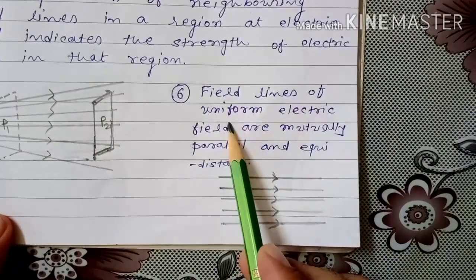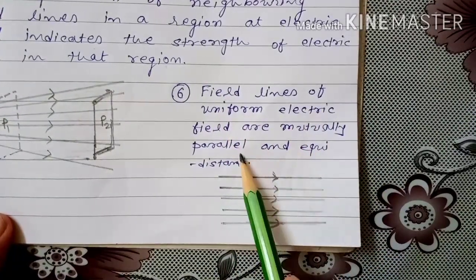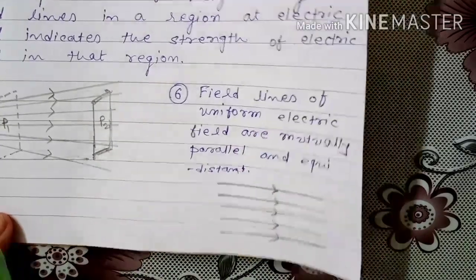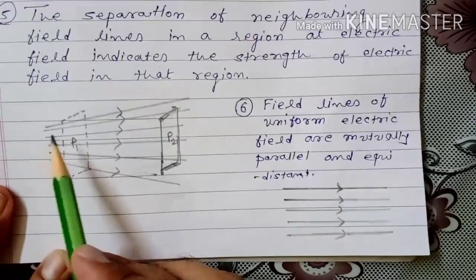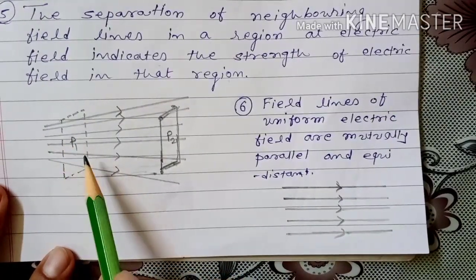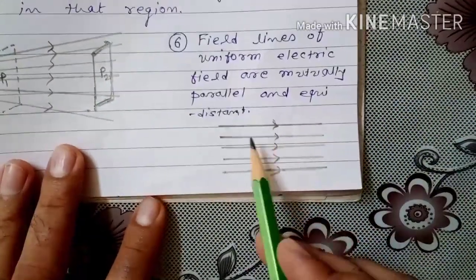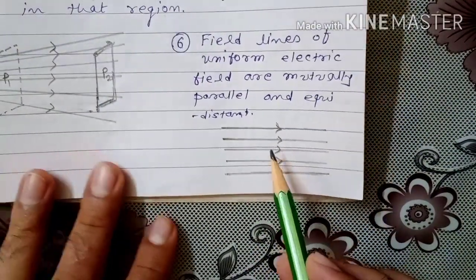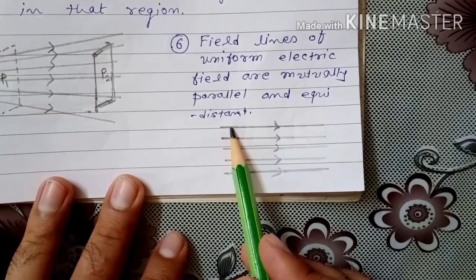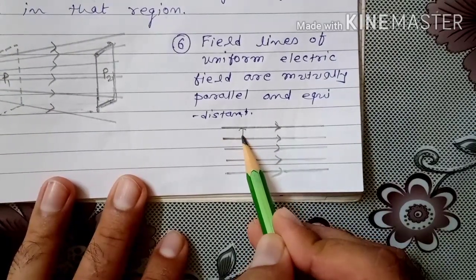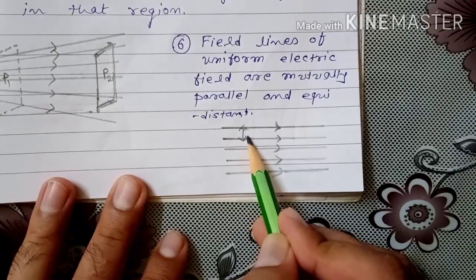Okay. Now the last characteristic of electric field lines. Field lines of a uniform electric field are mutually parallel and equidistant. In the figure we considered for characteristic number 5, I considered a non-uniform electric field. Here this figure indicates a uniform electric field. Why? Because here electric field lines are parallel to each other and equidistant, equally spaced.